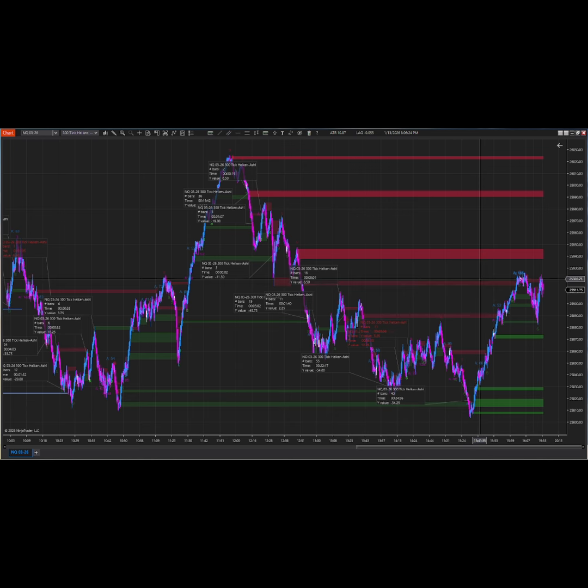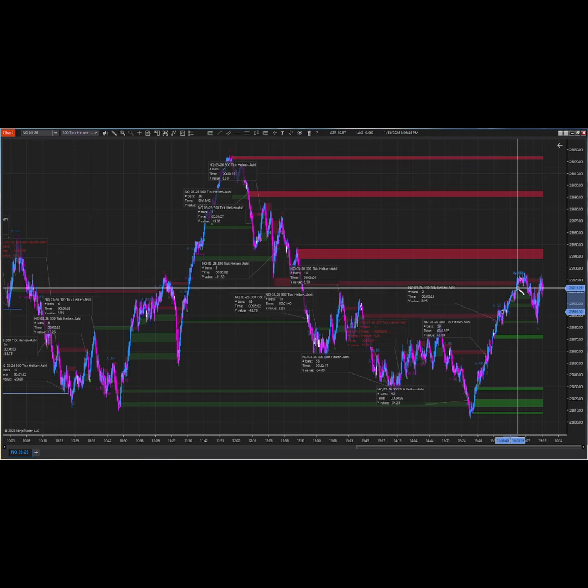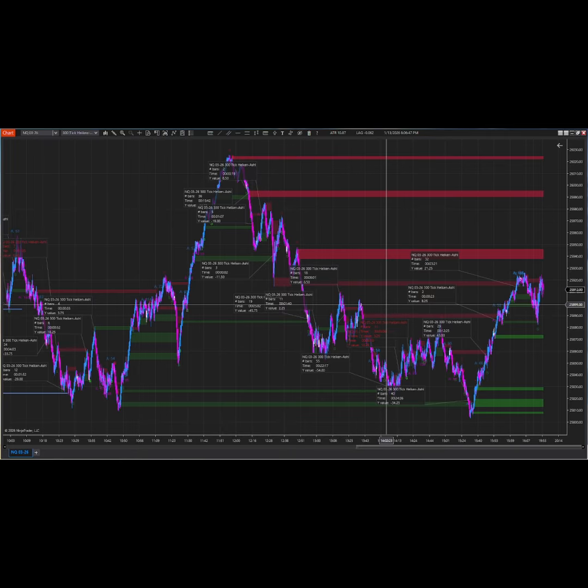Then we had a print here, straight on up. 43 points there. And this is at the close here. There we go. Now you're at the close and you're done. That's it for the whole day.